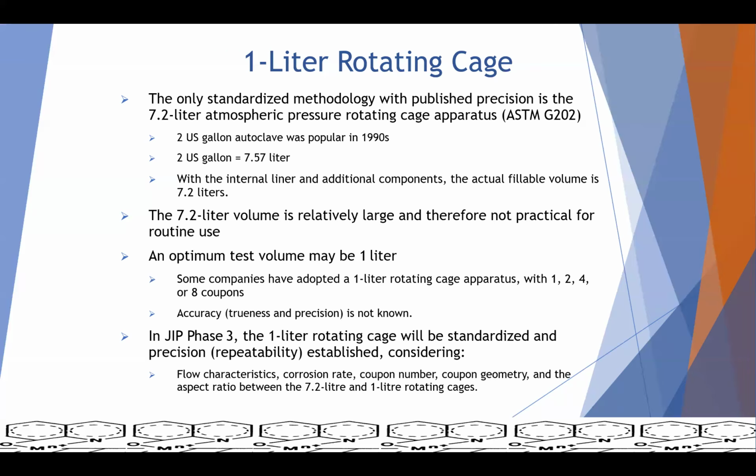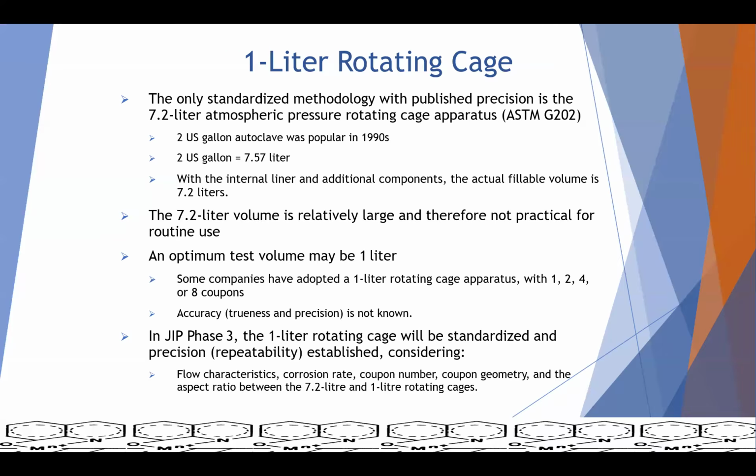However, the 7.2 liter volume is relatively large when you do regular corrosion inhibitor evaluation, especially during the screening process. That is one of the main reasons why we want to standardize the 1 liter rotating cage in the current JIP. Again, we did the industry survey.